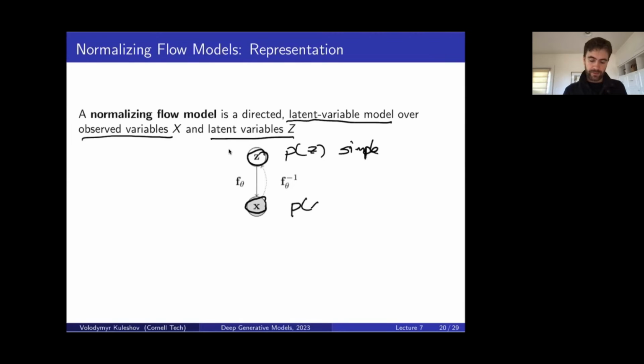And P of x given z is given to us by this mapping f sub theta, which is going to be invertible. So now, given z, x will be specified in a unique way by an invertible mapping f sub theta. And this f sub theta is going to be our model. That is the main component that will define our normalizing flow model.